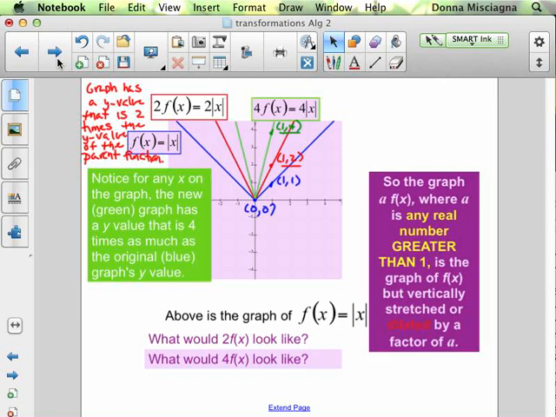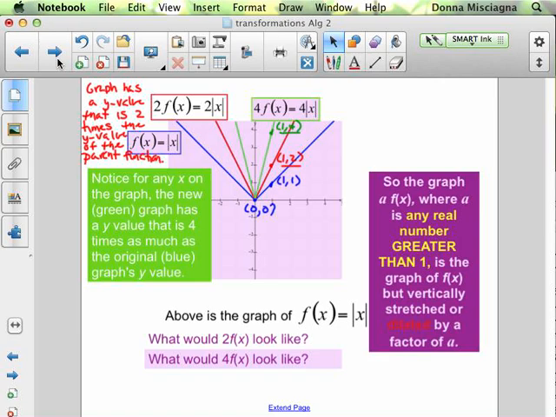They all have the same vertex because if you multiply 0 by any number, it's still 0. But look at the point (1, 1) on the blue graph. On the red graph, it's (1, 2). So the graph has a y value that's twice as much as the value of the parent function for y equals 2 absolute value of x.